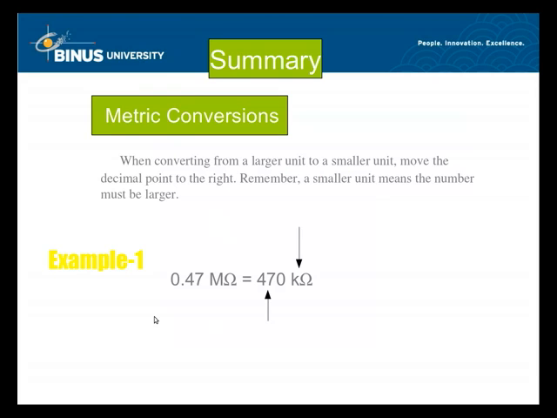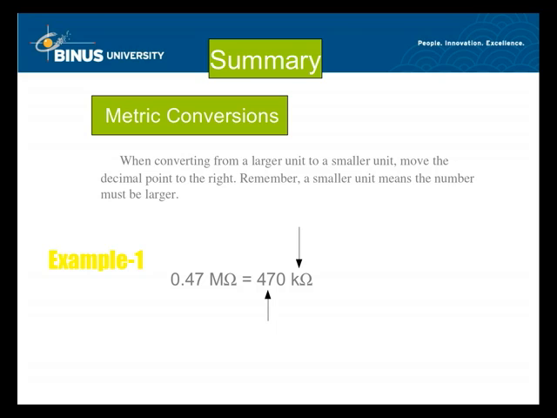Next, we'll study metric conversion. You might already be used to it, for example, if you have to convert kilometers into meters or centimeters into millimeters. For electrical, we will also use this kind of metric conversion.